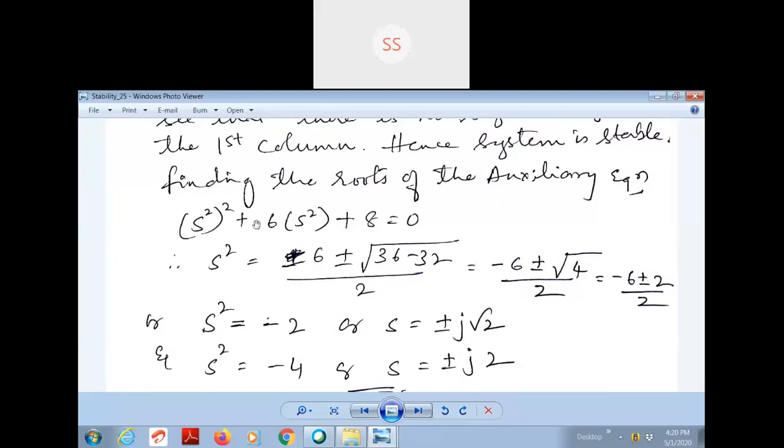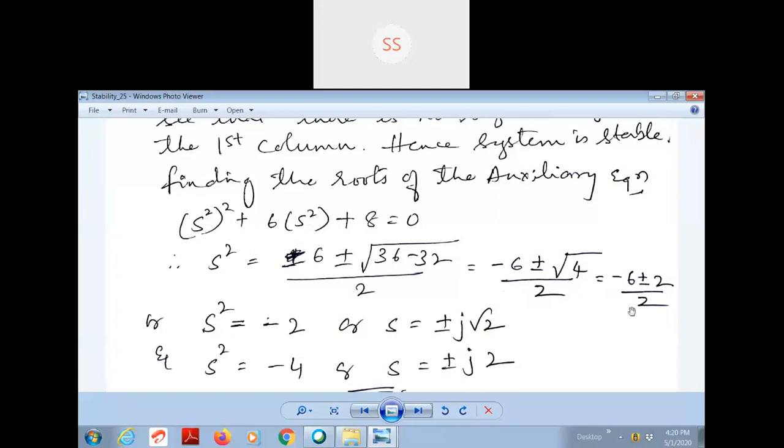A is 1, c is 8, so 4ac is 32. This whole divided by 2a. A is 1, so 2. Simplifying this, we are going to get minus 6 plus or minus 2, by 2.